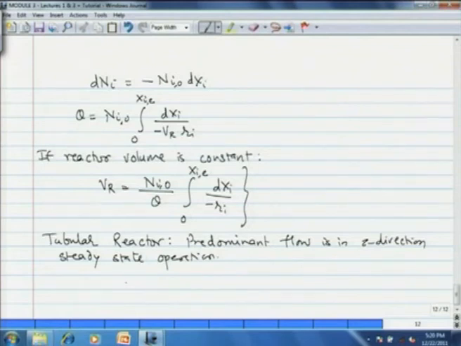Then we can rearrange the equation that we wrote earlier for the tubular reactor. Integral dz from 0 to Z is equal to integral from uz Ci at reactor inlet to uz Ci at reactor exit of d(uz Ci) divided by Ri.